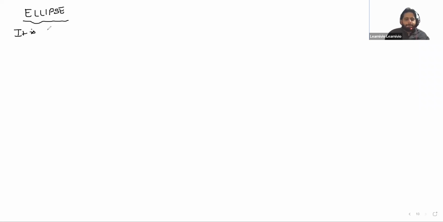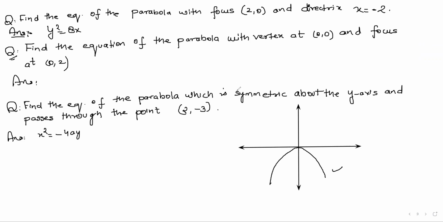Sorry to disturb, but do we have to write the axis of symmetry in every question whenever they give such questions like x square is equal to minus 16y or something? Okay, Utvika, I guess you have some different question.